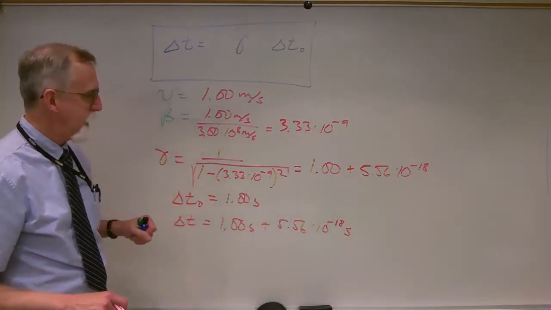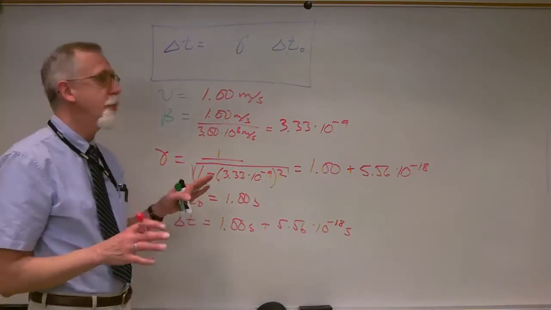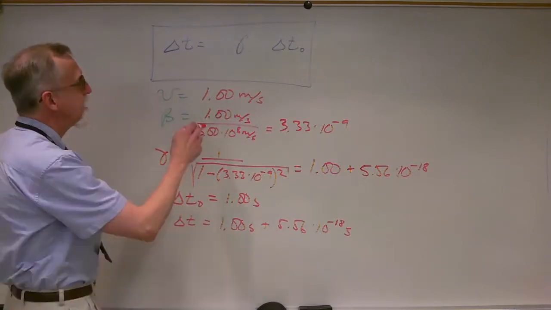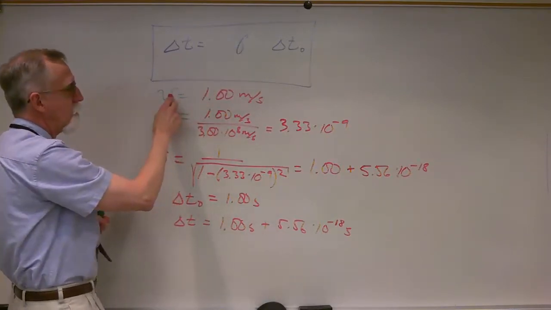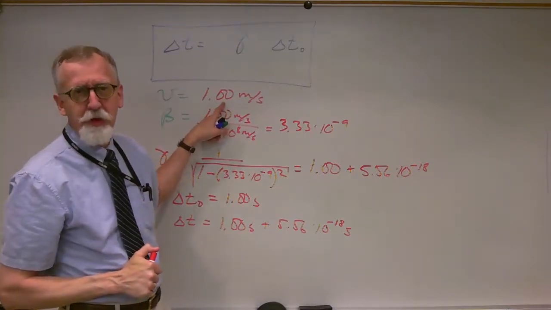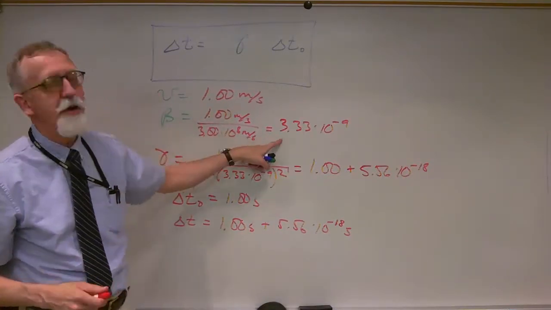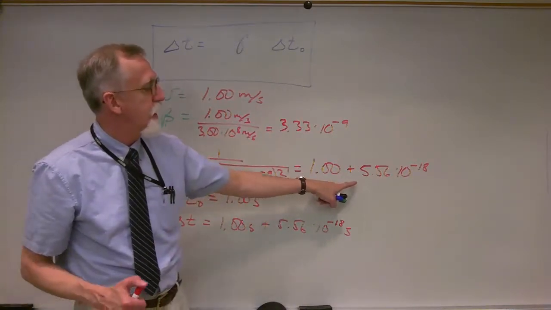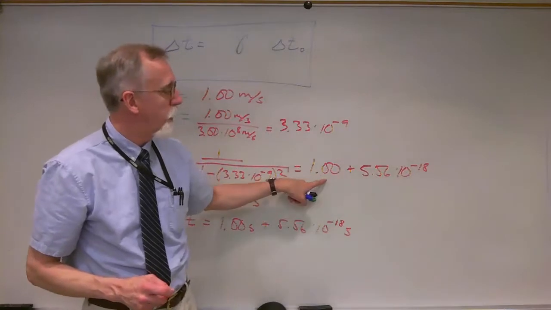So the bottom line is that the reason we don't notice these kinds of effects in our ordinary everyday lives is that the speeds that go into gamma are much, much smaller than the speed of light. And so beta is a small fraction, a small decimal. Gamma is a very, very small difference from 1.